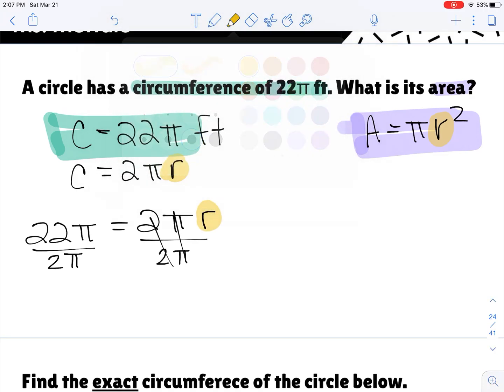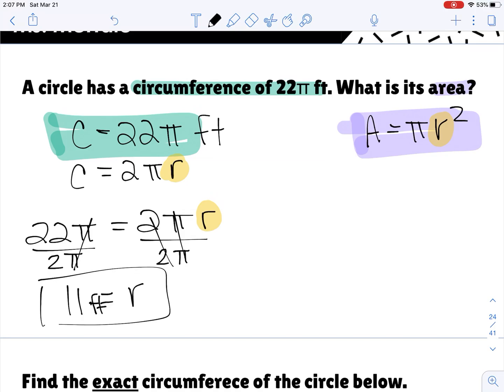We have 22 pi over 2 pi. Pi's and pi's will cancel. Now we're left with 22 divided by 2. That's 11. So the radius equals 11. 11 what? 11 feet. Because if the circumference is in feet, so would the radius be.